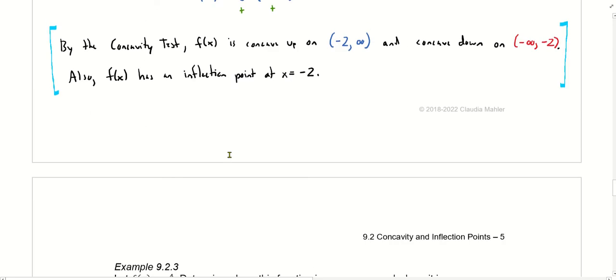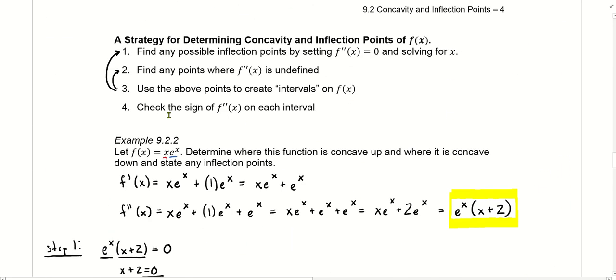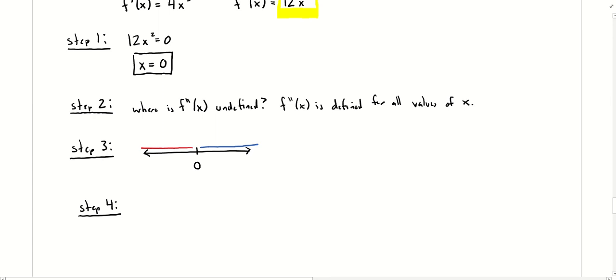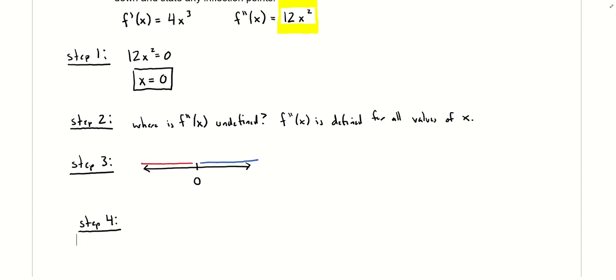So step 4, like we did above, this is where we check the sign of the second derivative on each interval. So let's check the red interval first for values of x less than 0. I'm going to choose -1 as my value to plug into my second derivative.